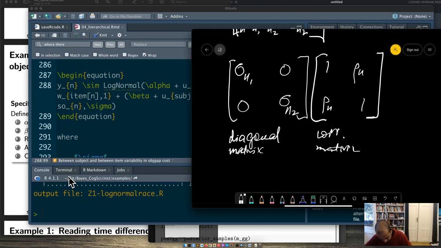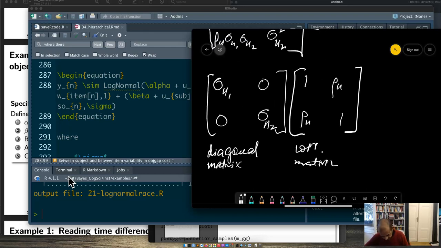The last thing I'm going to do is add another diagonal matrix here. I'm getting a heavy lag now. What's happening?